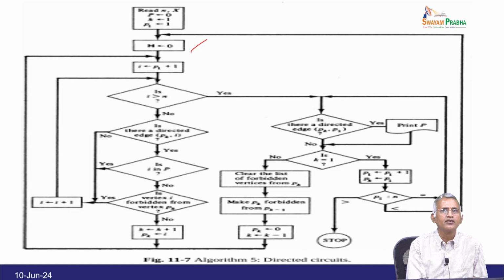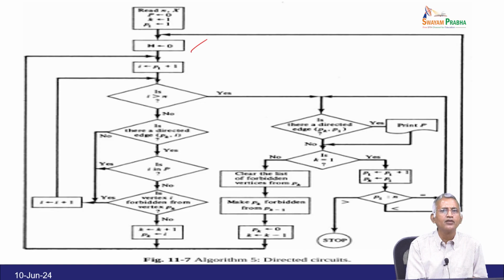Further, if k equal to 1, yes, then p1 equal to p1 plus 1, and pk equal to p1, and if pk is n, then you go to the loop. If the vertices are greater than n, then stop; if less than, go to yes.